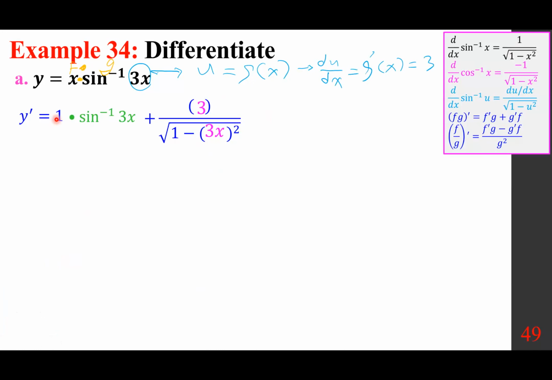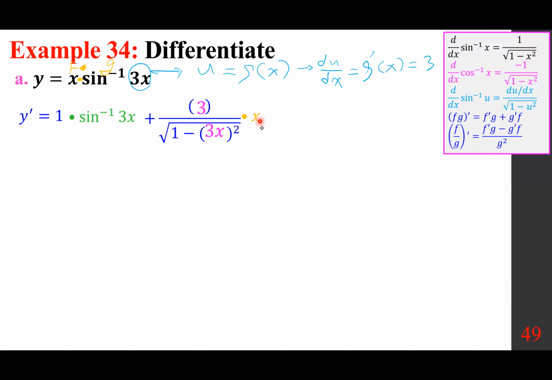We are going to rewrite it. This is sine inverse of 3x. This is simply 3, and this is 3 over square root of 1 minus 9x squared. We have to multiply it by x. My apologies. I forgot to mention g prime f.